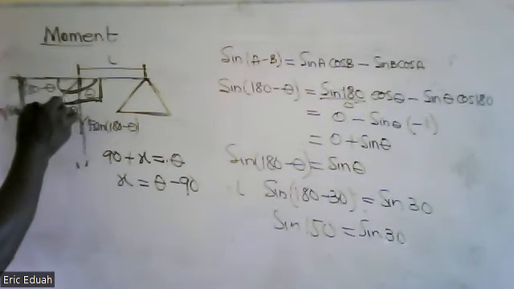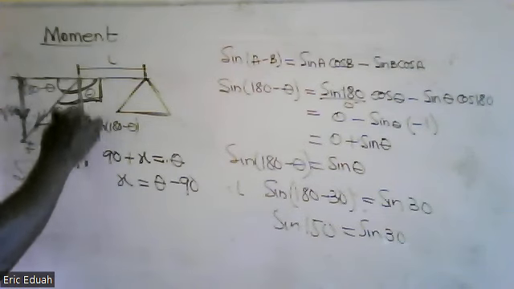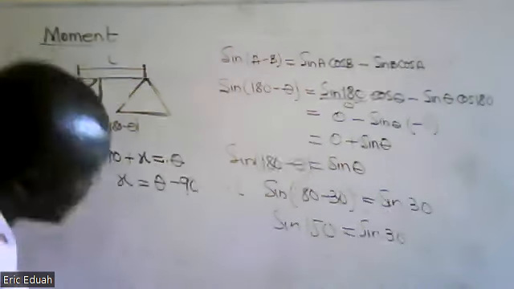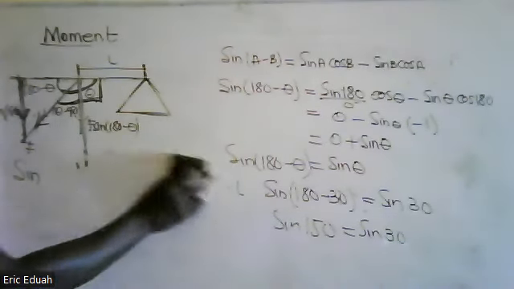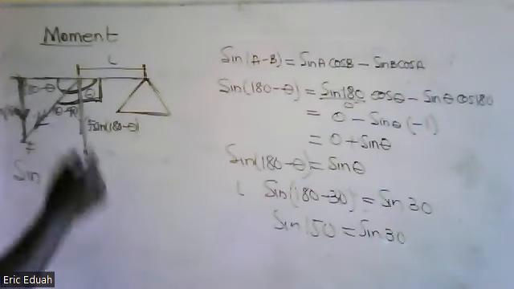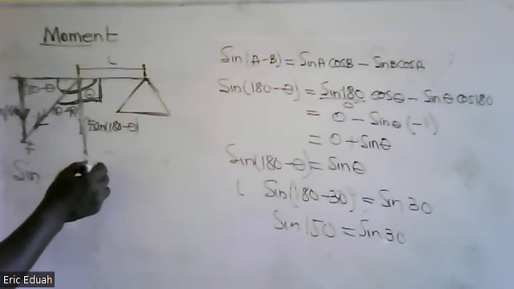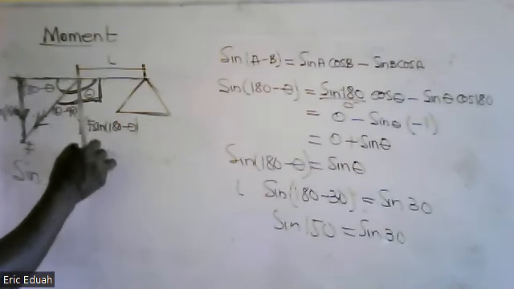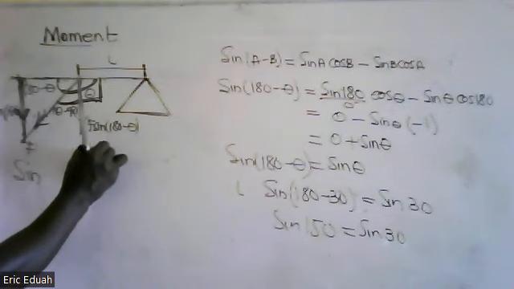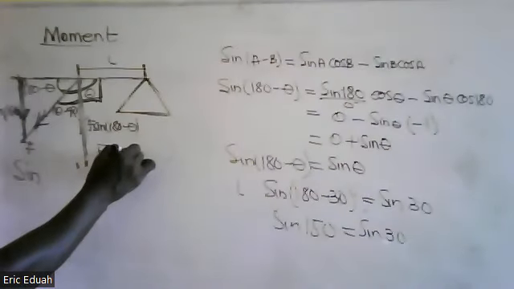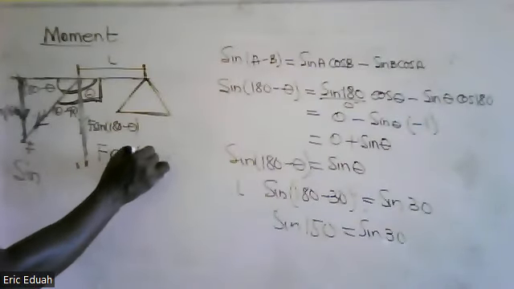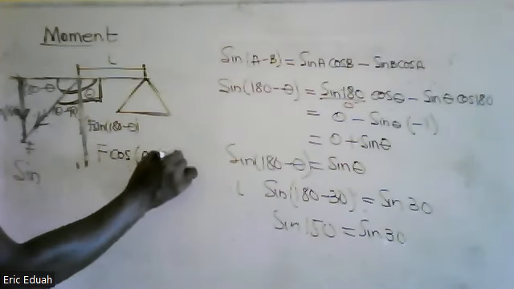If you use this angle, then this side becomes the adjacent, rather. This side, the perpendicular component of the force we are looking for, is the adjacent. So in that case, this side becomes F cos theta minus 90.